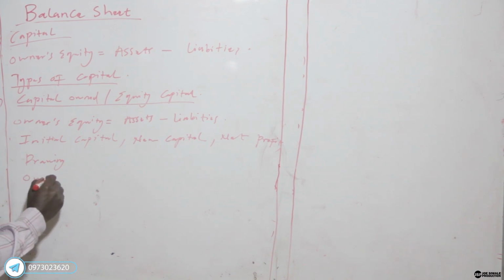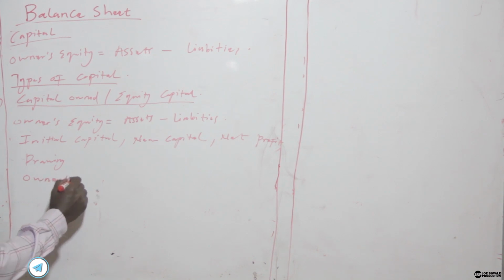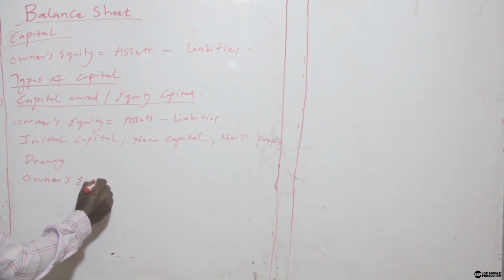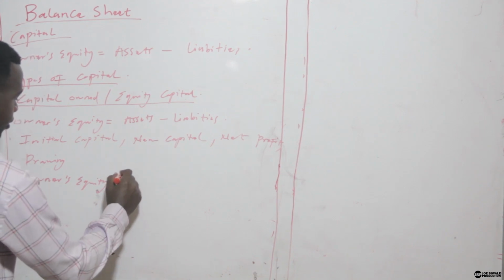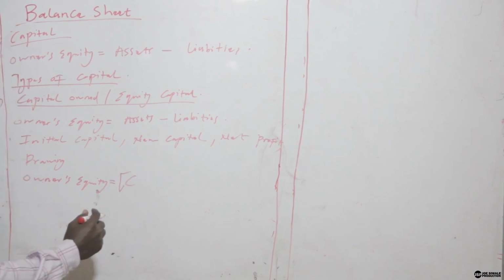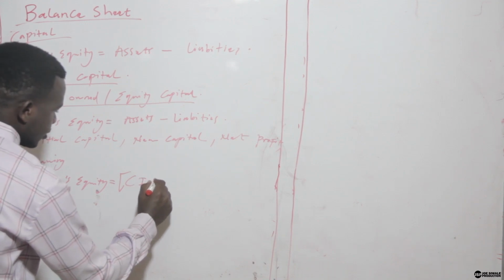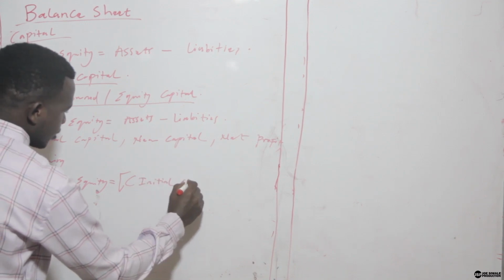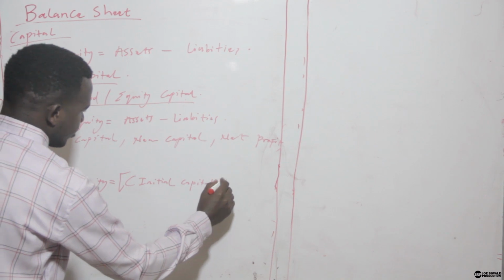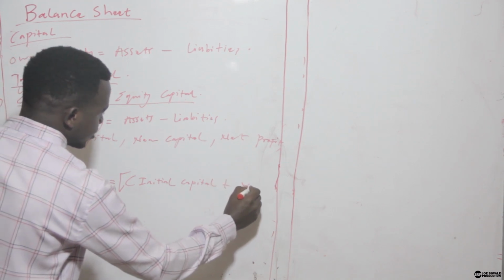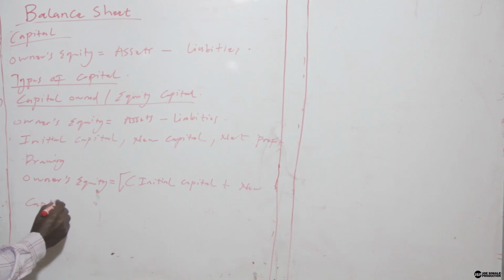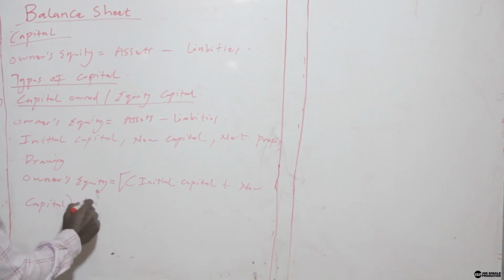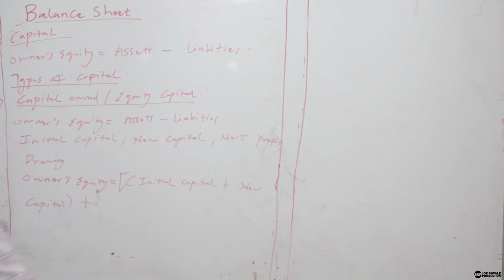So we are going to say owner's equity is equal to, so we are going to first add the initial capital plus the new capital, then when we find that total, we're going to say plus the net profit.